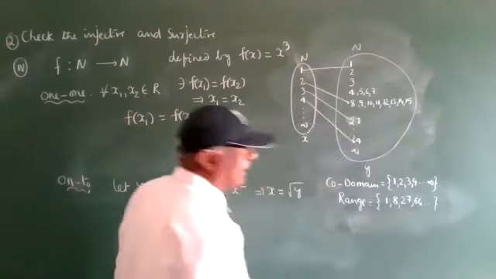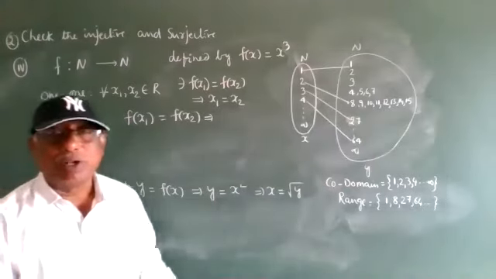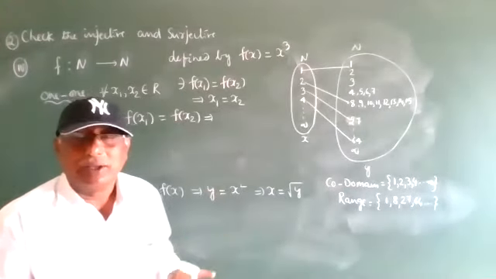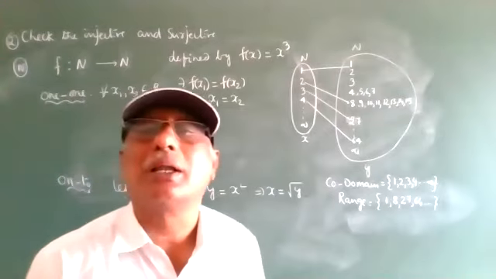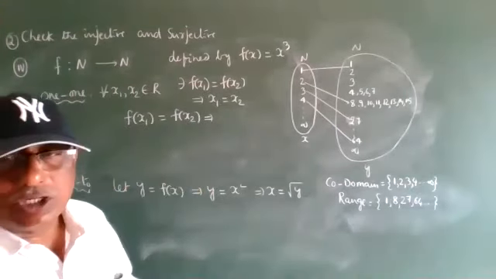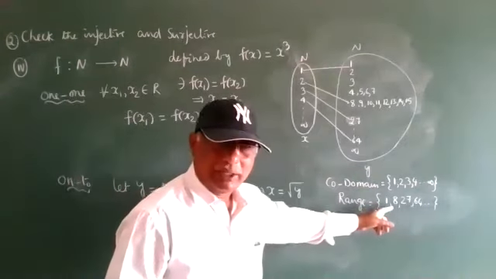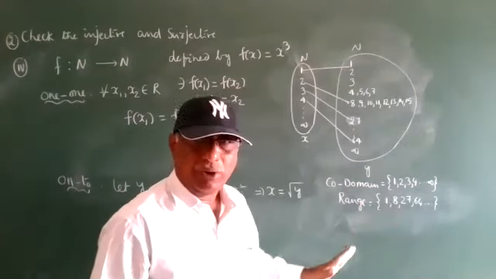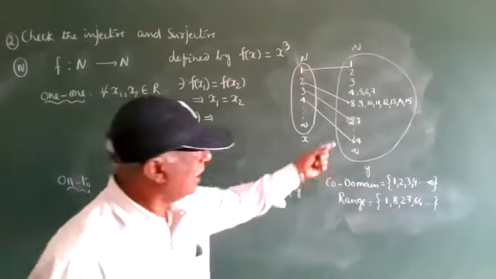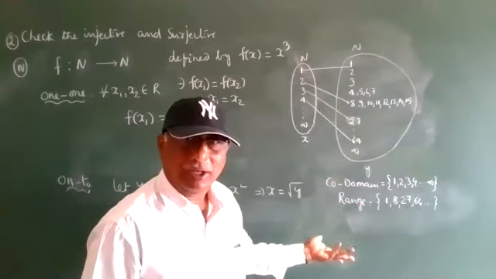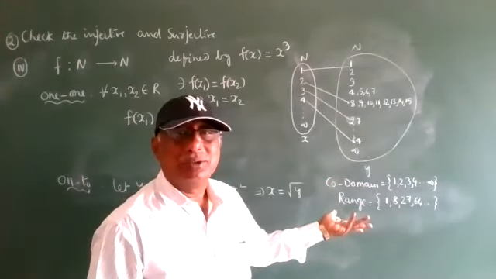Are all values being obtained or not? In the range, only cubic values are obtained: 1, 8, 27, 64. Now, are the codomain and range equal or not equal? Therefore, it is not surjective.